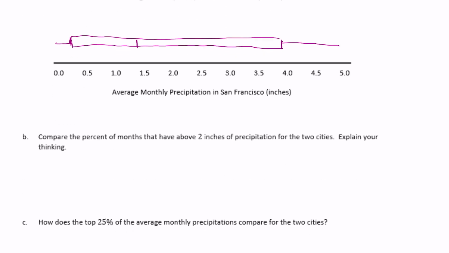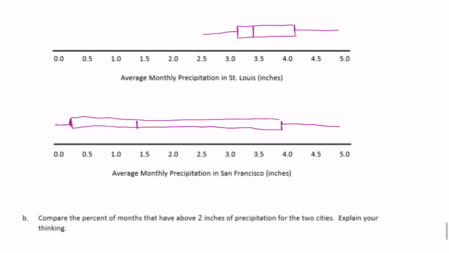B, compare the percent of months that have above 2 inches of precipitation for the two cities. Explain your thinking. So above 2 inches for both cities. Where's 2 inches? Okay, well, St. Louis doesn't have any below it. Whereas San Francisco, I can't tell how many we have, but more than half are below 2 inches, because here's the median. So more than half of San Francisco's months have less than 2 inches, but all of the months in St. Louis have greater than 2 inches of precipitation.